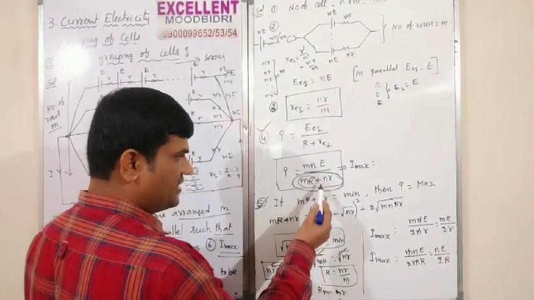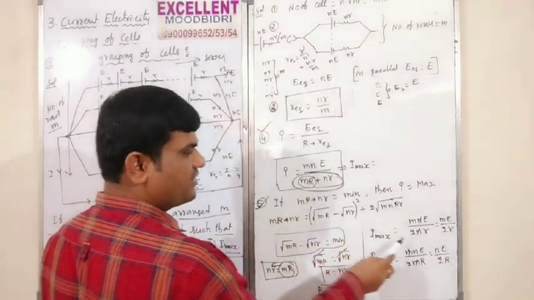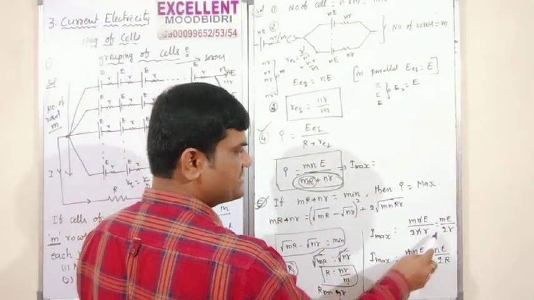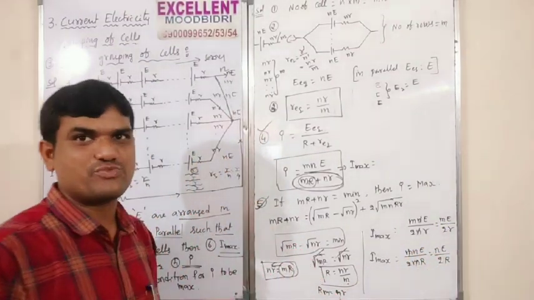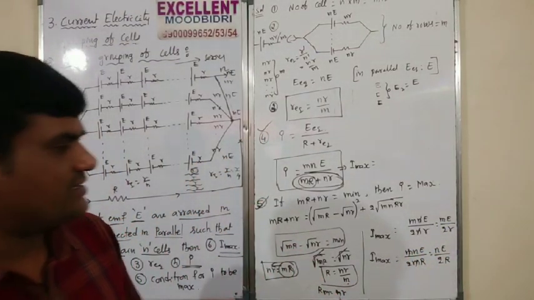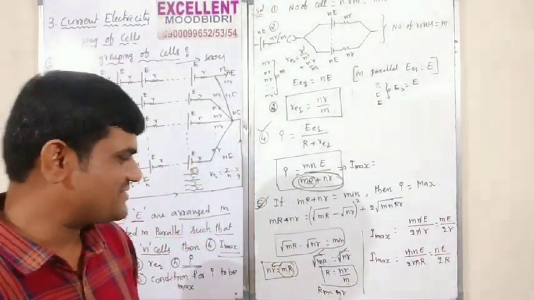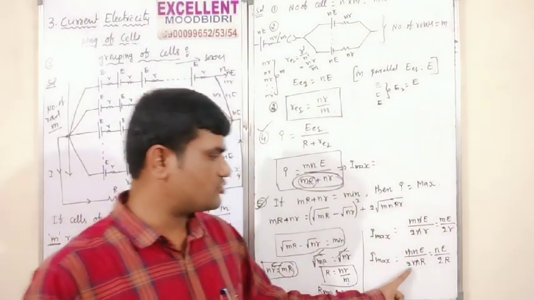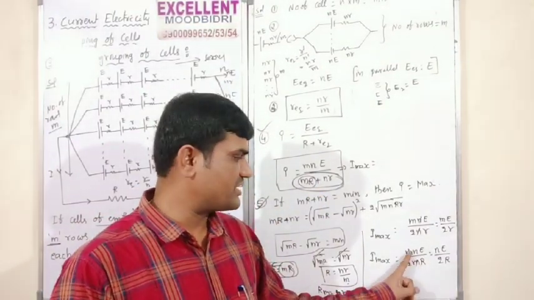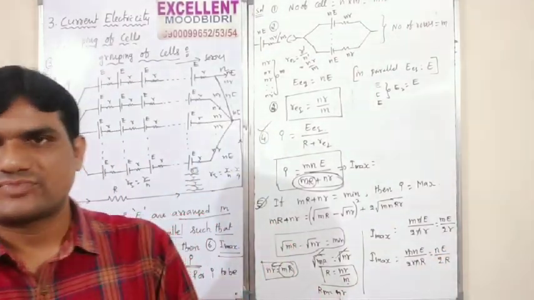Instead of Mr, I took Nr. Nr plus Nr is 2Nr. So N gets cancelled. Therefore, Me by 2r. Small r is a very small resistance, right? Therefore, I max is equal to Me by 2r. Or else, instead of Nr, if I consider Mr, then 2Mr will come, and M gets cancelled. Therefore, Ne by 2r. This is the maximum.